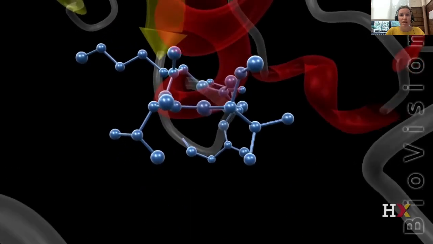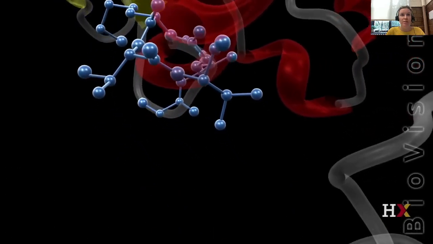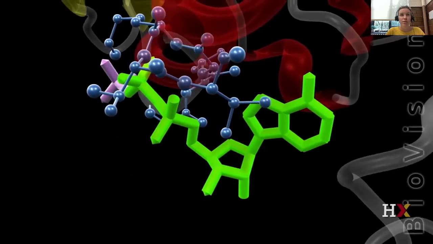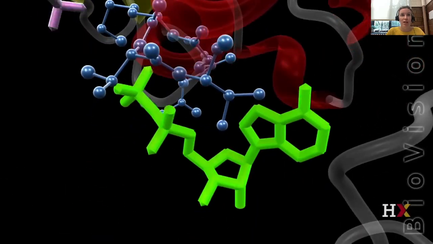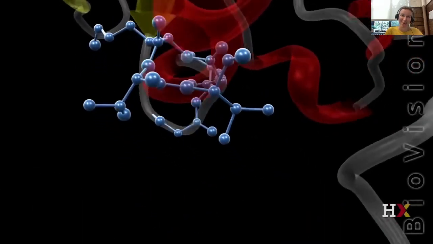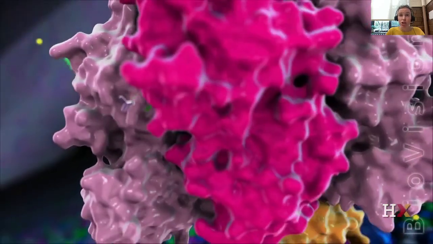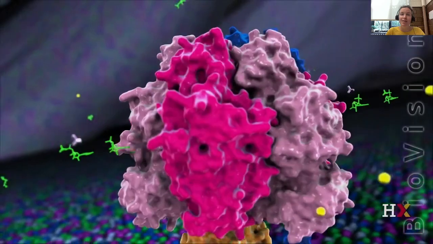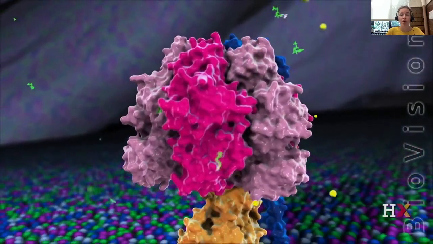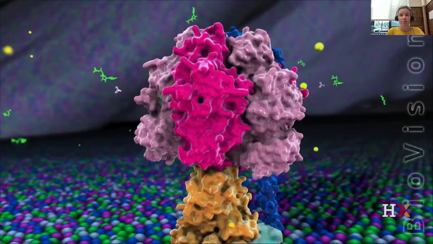Now into the open state, the substrate is released, back to the loose, tight, open. Loose, tight, open, right? And so these conformational changes, the physical shape changes, are leading to the catalysis that we just saw. Let's zoom back out for a second.